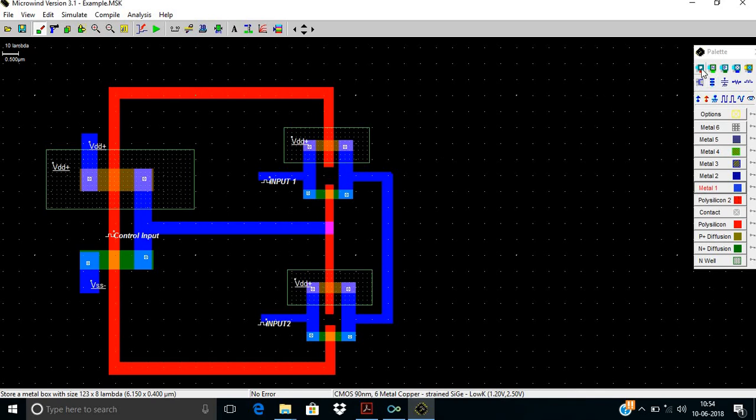And we have to make the metal to poly contact here. This is the control input. This is the control input's output, meaning inverter output is connected to the middle, and control input is connected here. And here we have to verify the output.